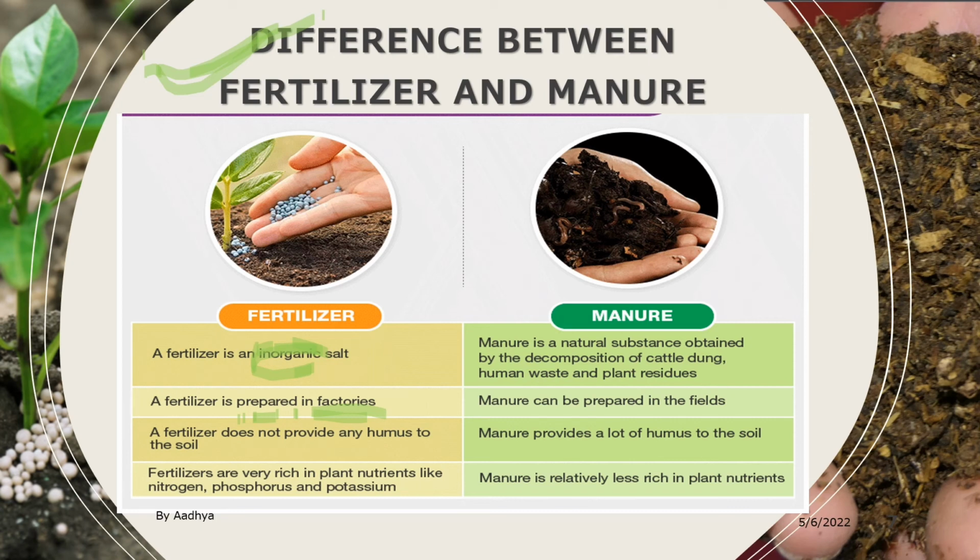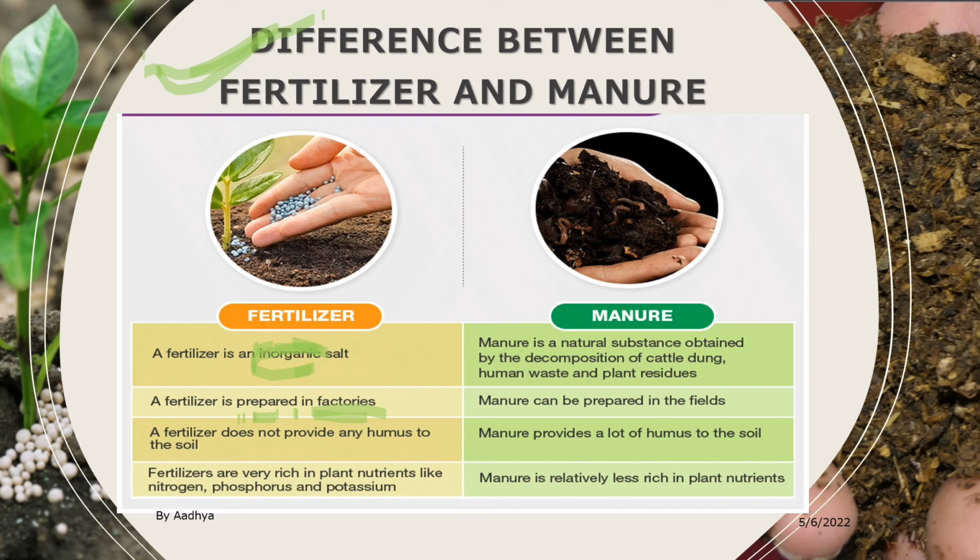Another extra difference you can add, that is fertilizers cause water pollution, while manure does not cause any pollution. Another more difference, that is when you are using excessive fertilizers, they make the soil less fertile, while manure makes the soil fertile, right?